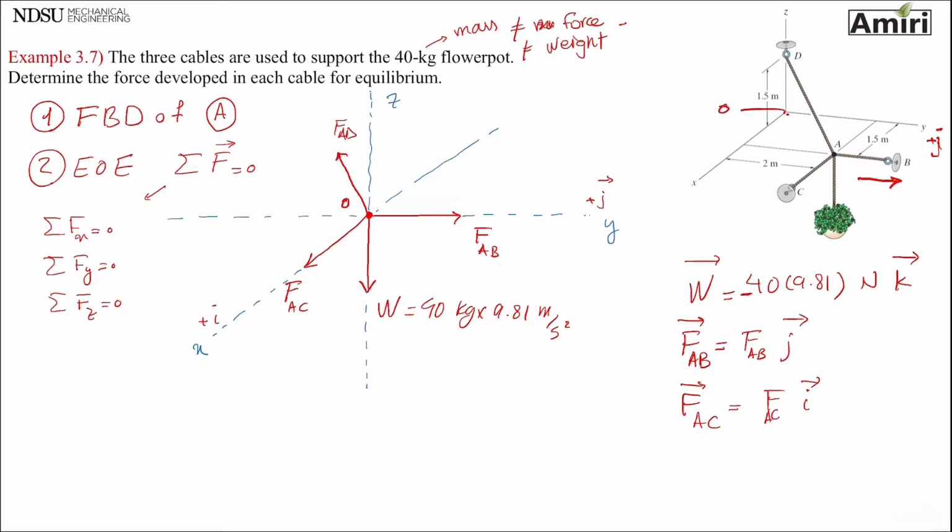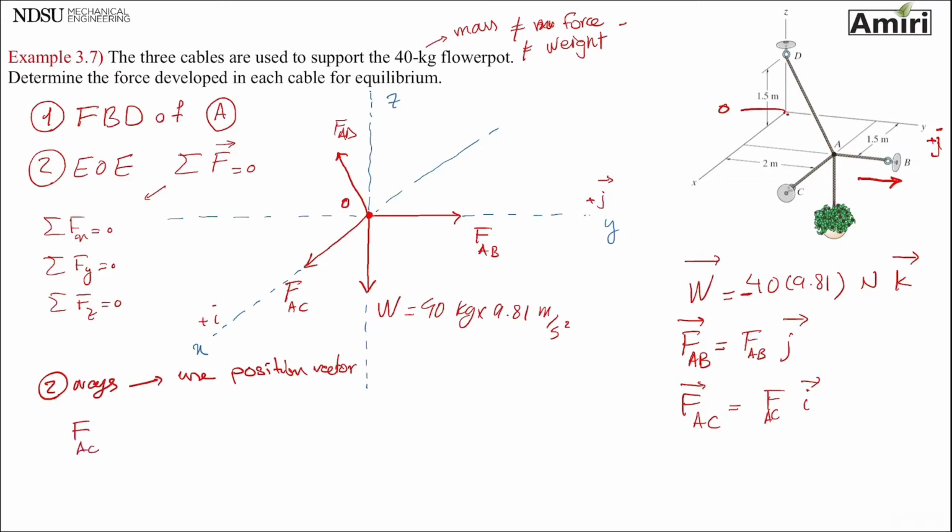Now for FAD, you have to think back and go back to the examples that I did in chapter 2, where we had a 3D force and I asked you to find the components. So there are two ways to do it. Both will result in the same. Two ways. One is use position vectors. How?